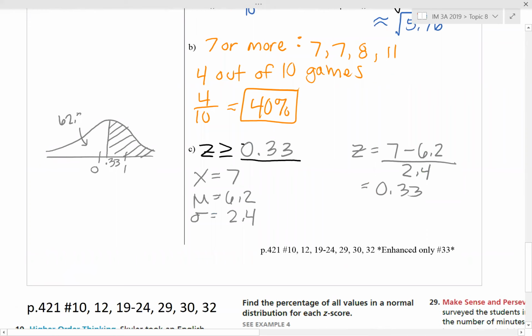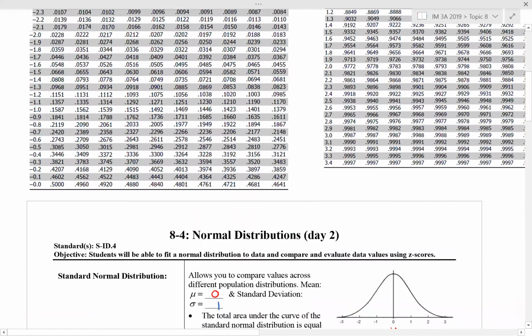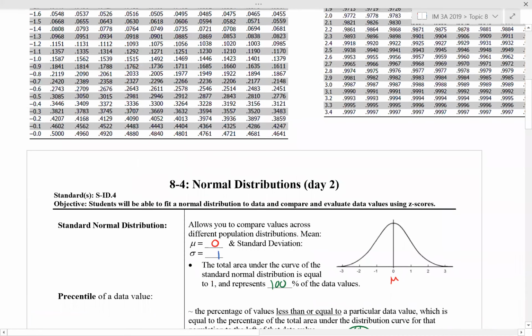So I'm either going to do 100% minus that 62.93%, or the alternative is I'm going to look up negative 0.33. If I look at negative 0.33, that gives me 0.3707. I just want to make sure I'm in the right column.